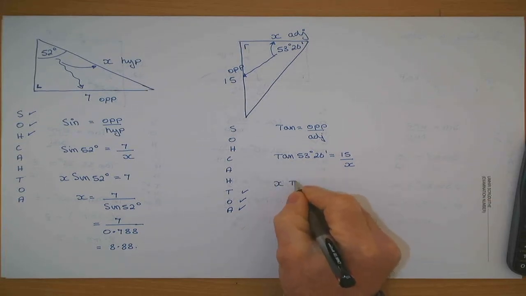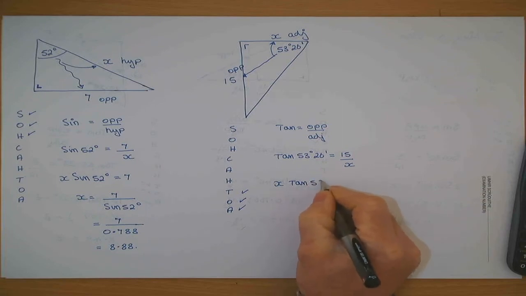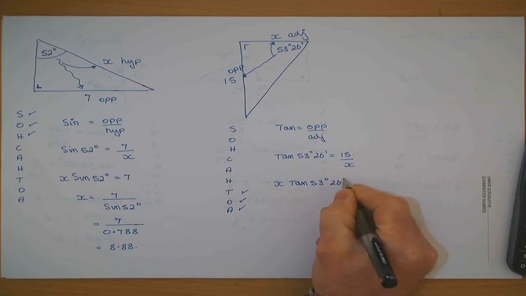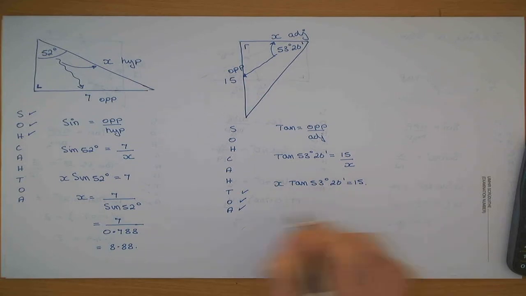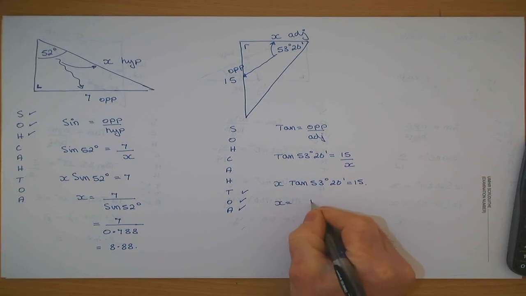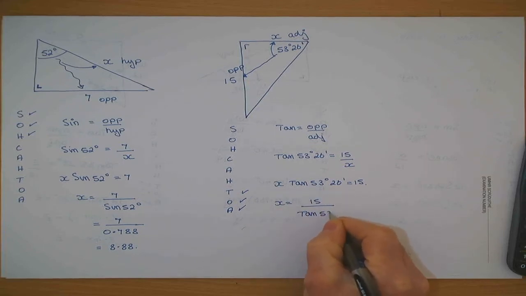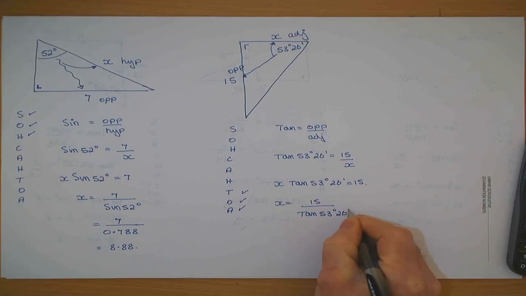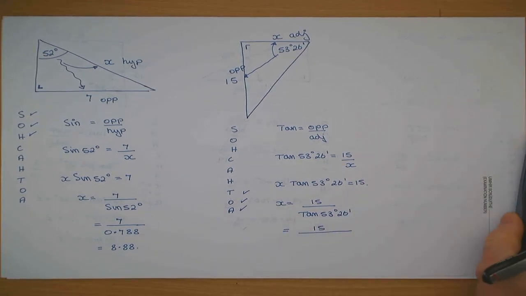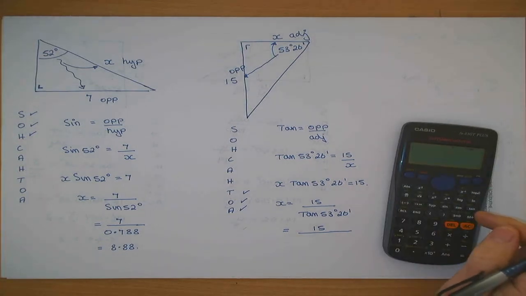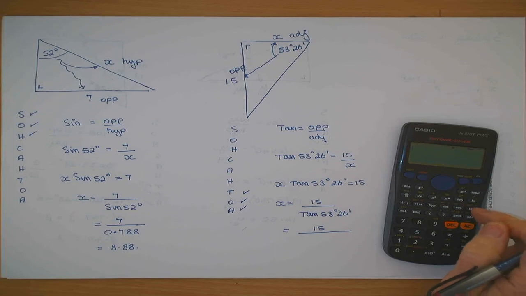x times the tan of 53 degrees 26 minutes is equal to 15. That's a multiplier. When I bring it over, what would it become? x is equal to 15 divided by the tan of 53 degrees and 26 minutes, which is 15 divided by what do you say?